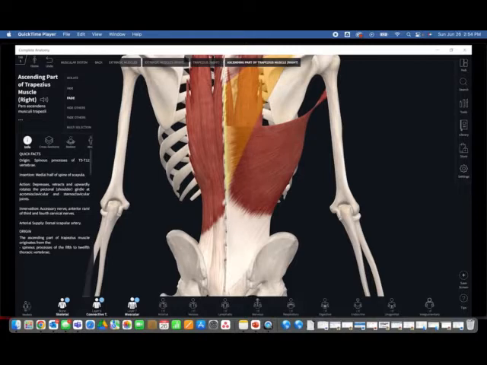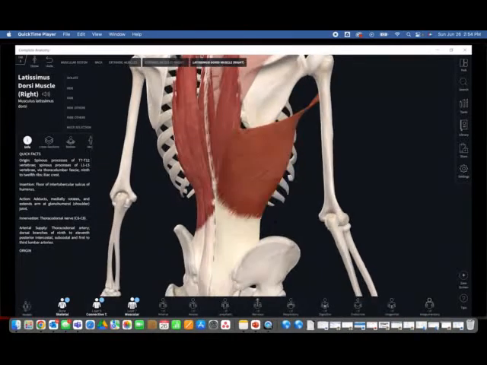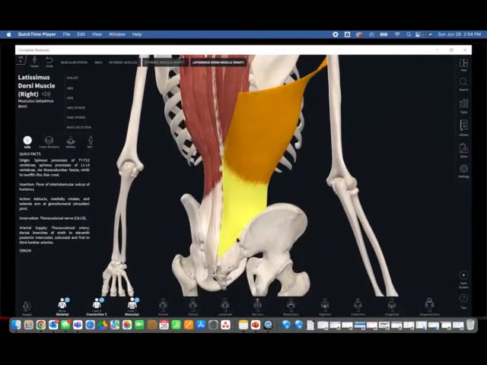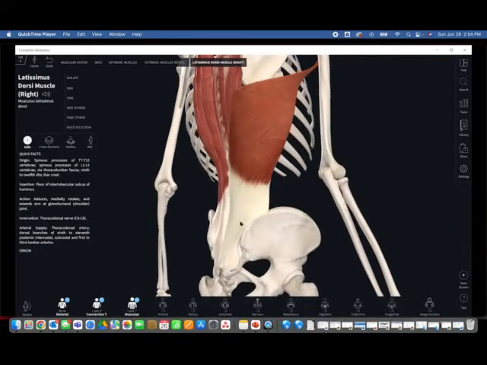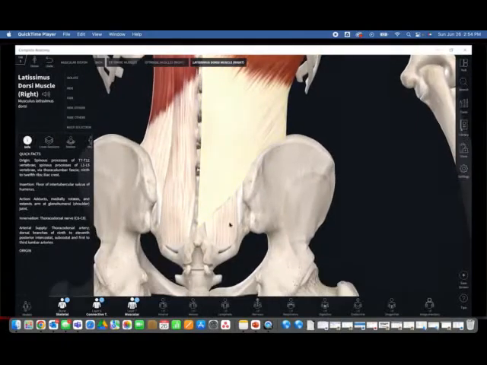It also has an origin via the thoracolumbar fascia down low, and then the 9th to the 12th ribs, and then probably most specifically down the iliac crest in this area, right there before the fibers of longissimus go beneath it or anterior to it to prevent it from attaching to the sacrum.